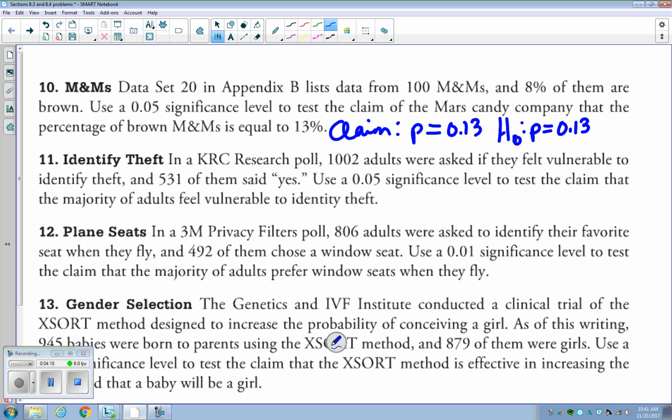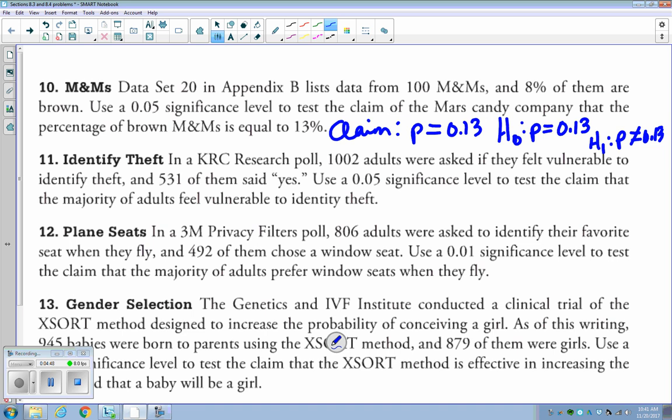From that claim written symbolically, I also know how to write my alternative hypothesis. Because this one only has equals as my claim, I'm going to write my alternate as not equal. Okay? Everybody all right? Okay, let's go.